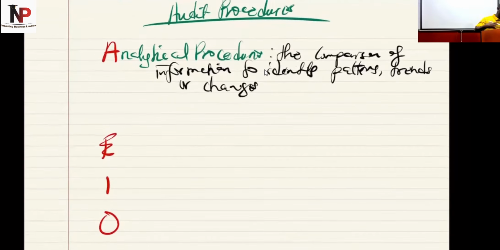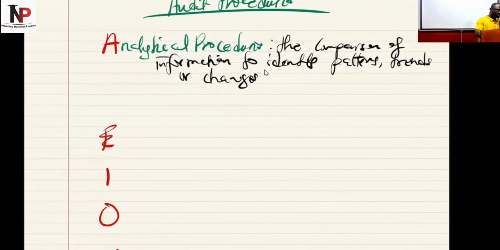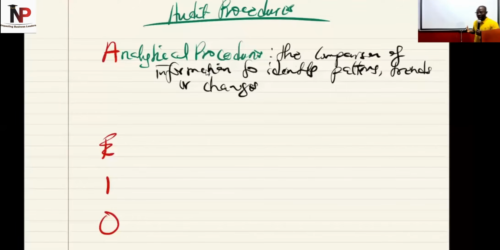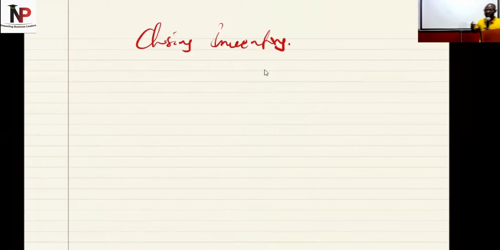So what does that mean? When we go to the company, and for instance, we are dealing with closing inventories, and we are carrying out audit procedures on closing inventories, the first thing we may want to do is to look at analytical procedures. So let's say we are doing closing inventory. We will look at analytical procedure.